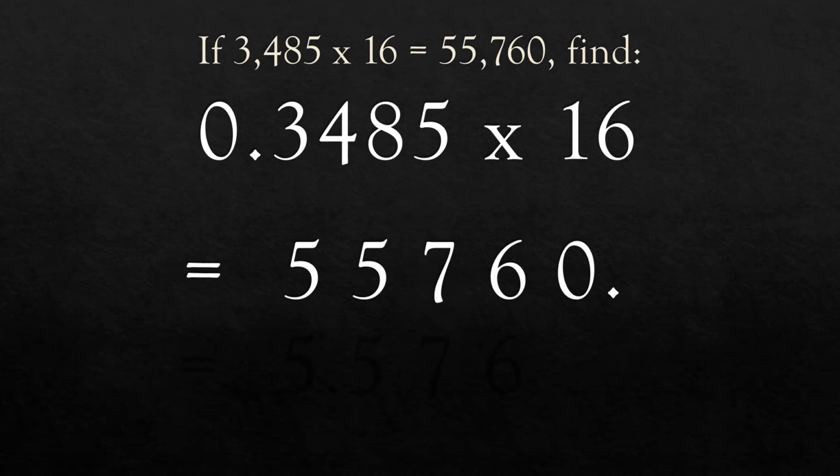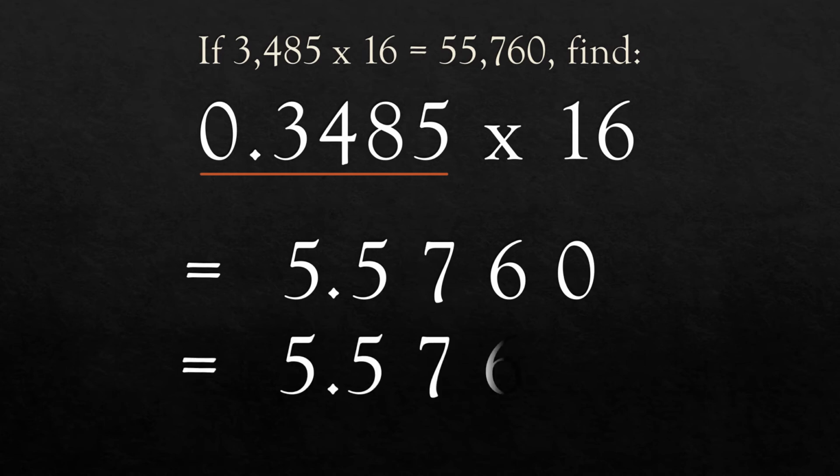But the position of decimal point is changed. Now tell me, how many digits after decimal in 0.3485? Yes, 4. So count 4 digits from the right. 1, 2, 3, 4. And place decimal in the product. So the answer is 5.5760. That is 5.576.